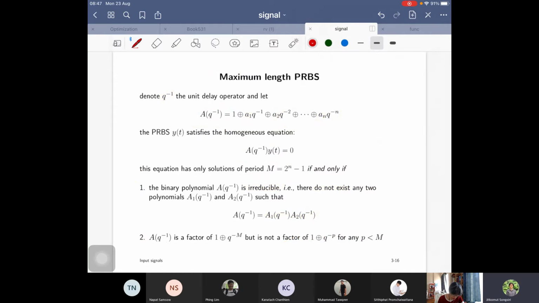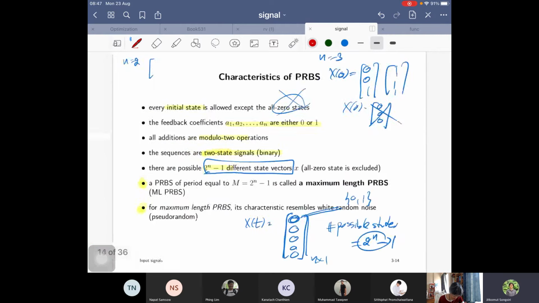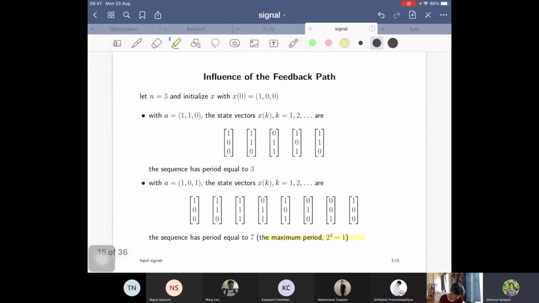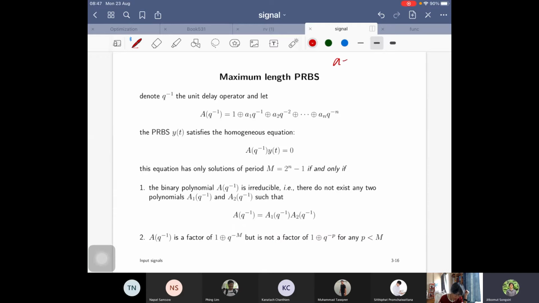Now let me illustrate that. Come back to our example, examples 1 and 2. Of course, the first one doesn't give the maximum period of PRBS. So the first choice, a equals 110, doesn't satisfy either one of the two conditions.